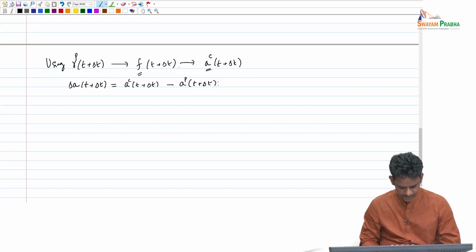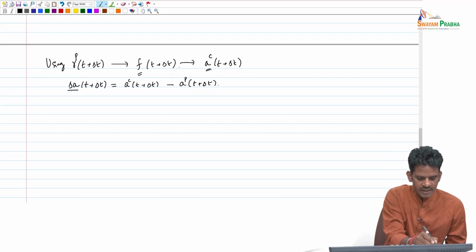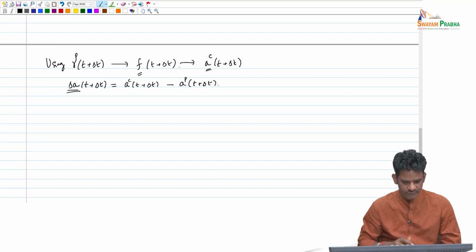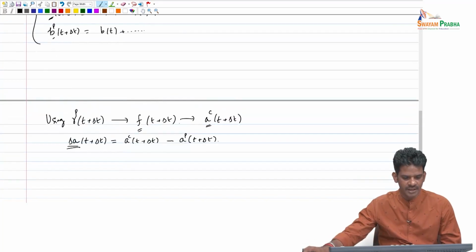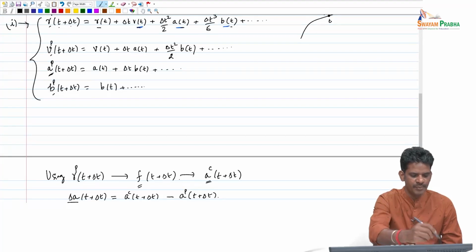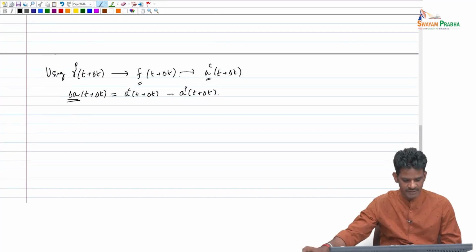Now, using this difference in the acceleration between the corrected and the predicted, we want to apply this difference to the position, velocity and momentum, and then correct them as well.